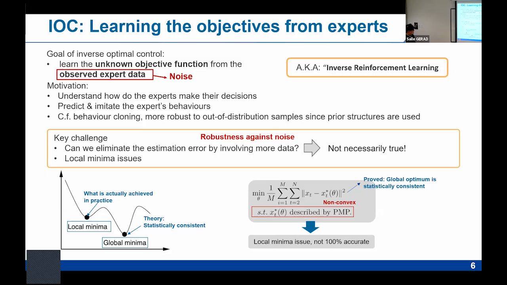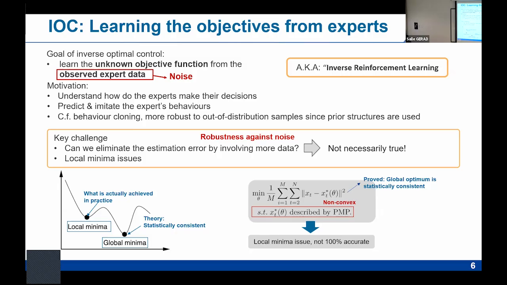But here the key challenge is that when you observe the expert data, there can be a lot of noise due to measurement errors, and the decision criteria might also be stochastic itself. Like I can have a 50 percent chance going one way and a 50 percent chance going the other way. So it very much depends on how it is modeled. The key challenge is, can we eliminate the estimation error by involving more data?